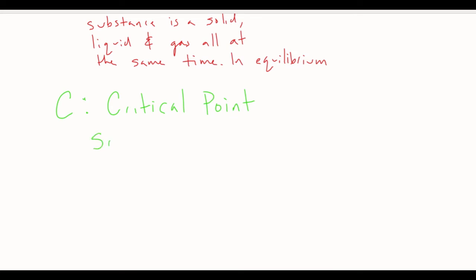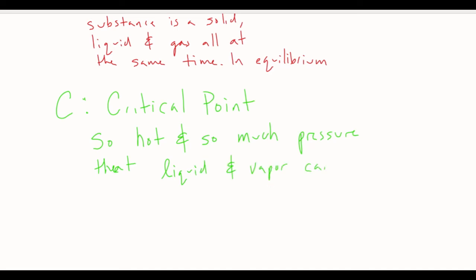At this point, basically it is just so hot, there's so much temperature, and there is so much pressure that the substance is not sure what to do. It's really when it is both a liquid and a vapor at the same time. It's a liquid and a gas. We can't separate which one it is. It's just both.